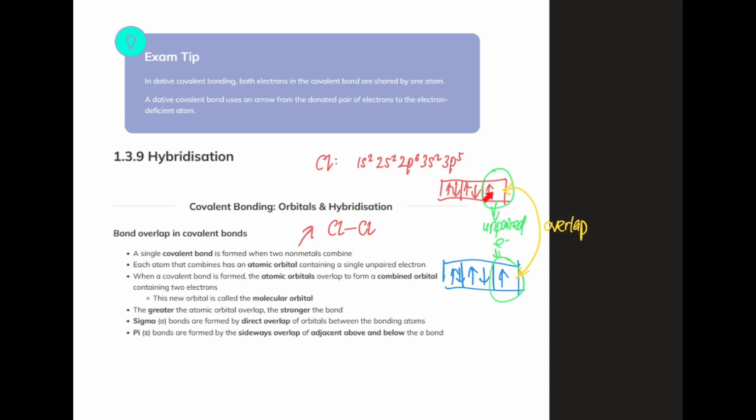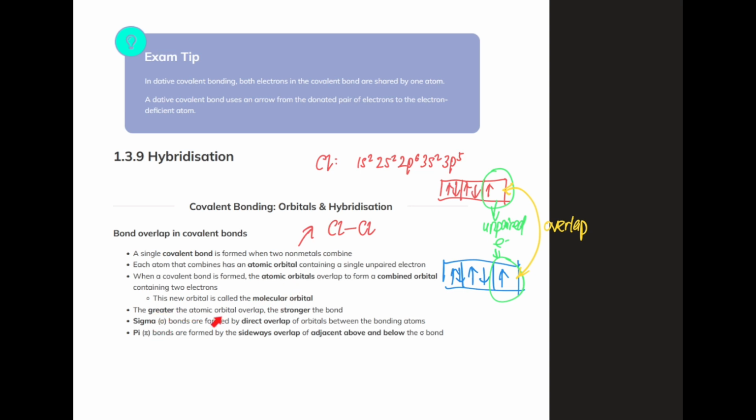Imagine this and this combined already, so it has 2 electrons now. And this new orbital is called the molecular orbital. After they overlap, we call it a molecular orbital. Before they overlap, they are atomic orbitals. After they overlap, they form molecules, so we call it a molecular orbital. Before these two join up, they are atoms, so we call it an atomic orbital.